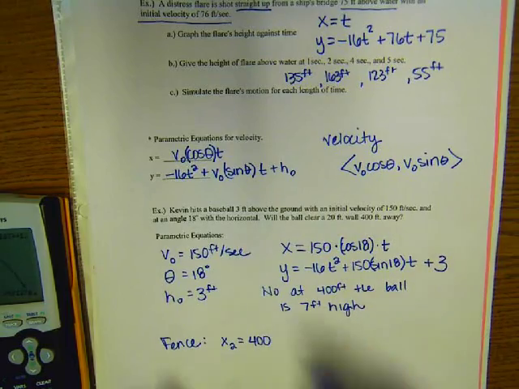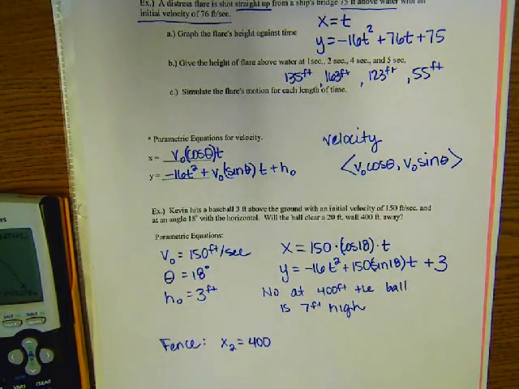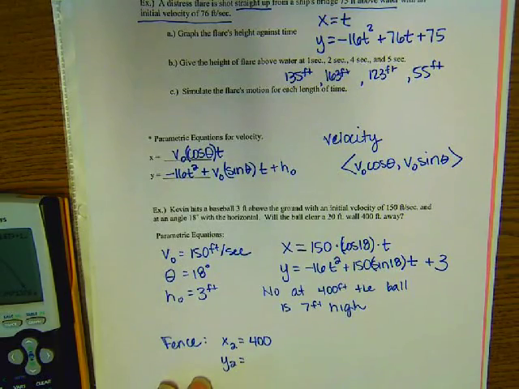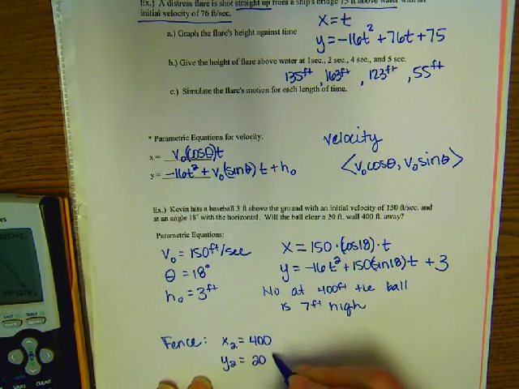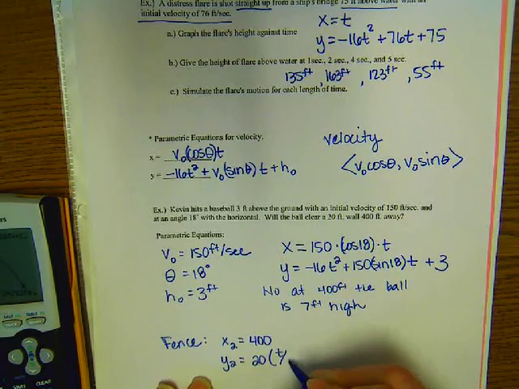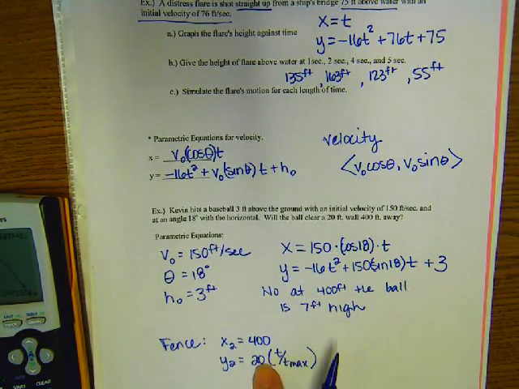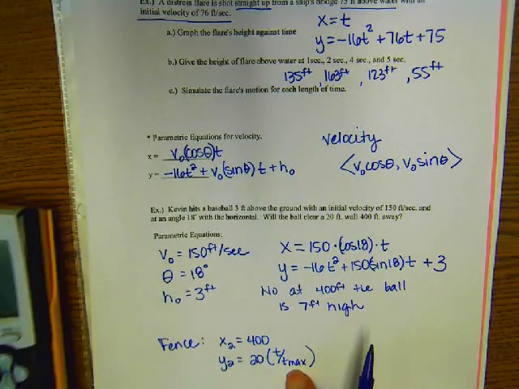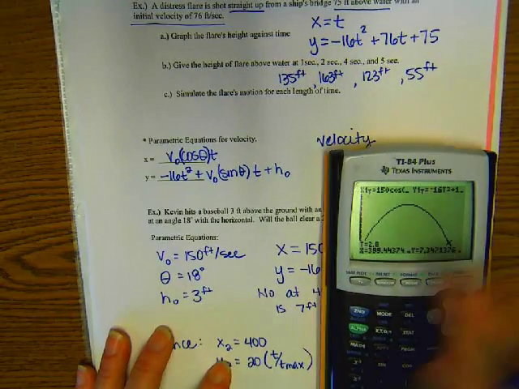And then we put the height of the fence, and then we do t divided by whatever the t max is in your calculator, because we want it to stop at 20 when we get to the end of the problem. So what was t max here? What did we make our t max? Was it 5? Okay, so let's go back in our parametric equations and put this in, and then you can see actually it hitting the wall.